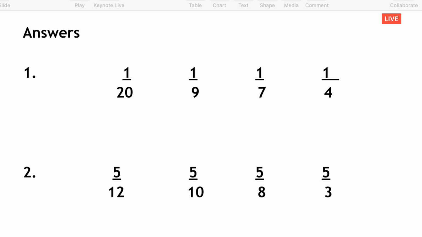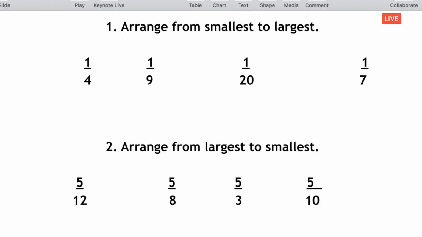Okay, question. Then we should have, tell me, 5/8, 5/10 and 5/12. Because when we look at 5/3, we realize 5/3 is the smallest denominator.